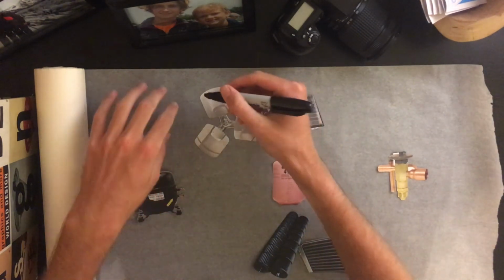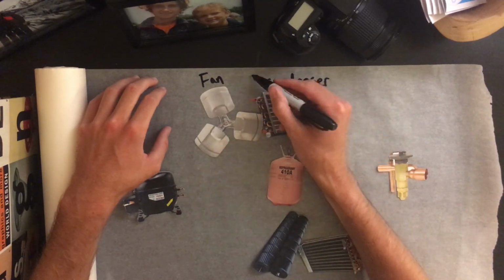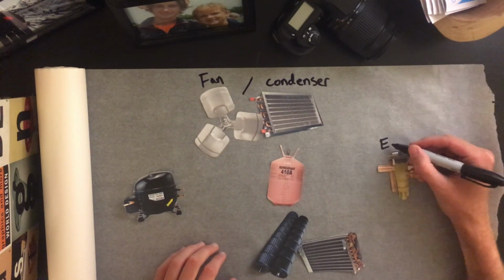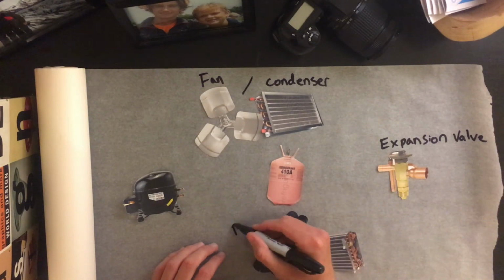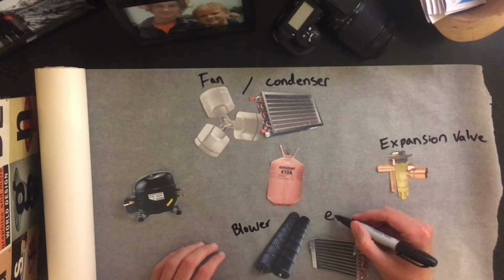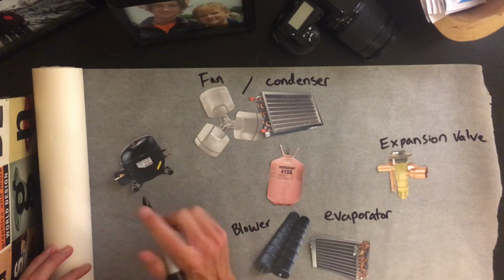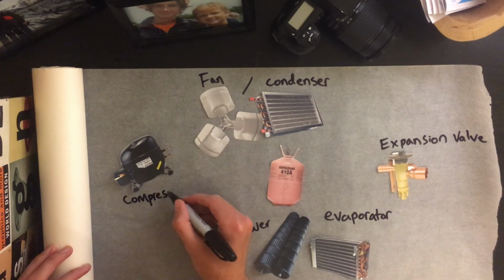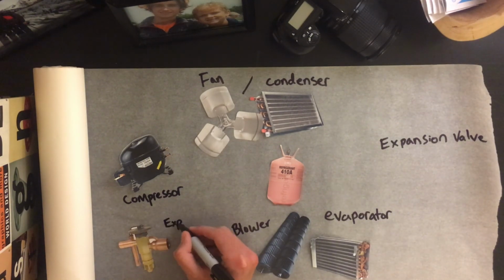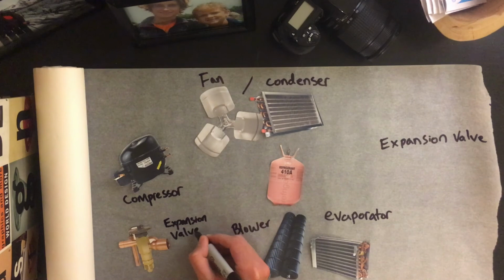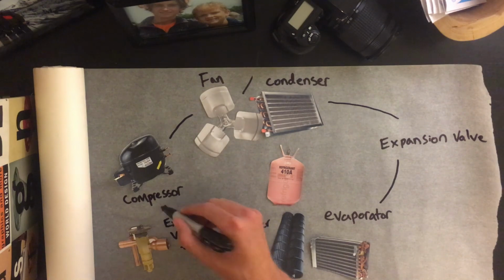These components include a fan, a condenser, an expansion valve, a blower, an evaporator, a compressor, and a second expansion valve. This series of components brings us one step closer towards a well-tempered environment.